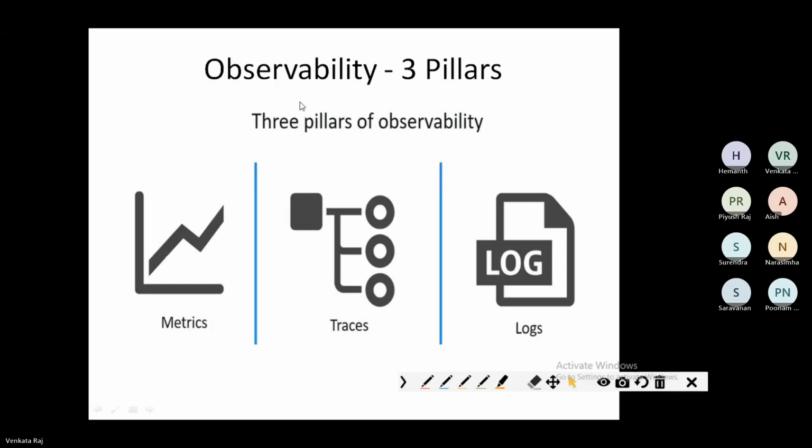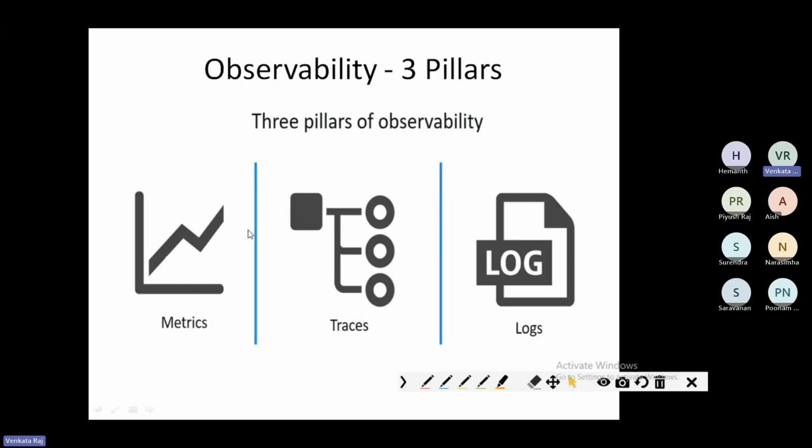As we discussed, observability has 3 pillars: metrics, traces, and logs. Metrics means measurement of an event.